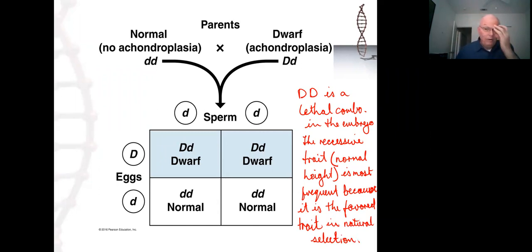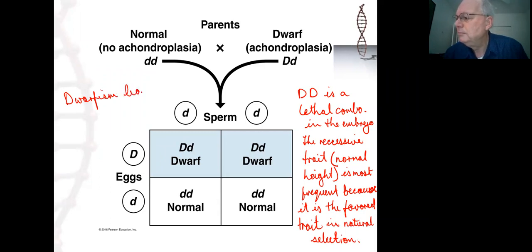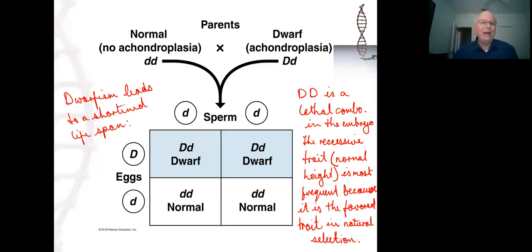So what do I mean by this? So this is the drawback for achondroplasic dwarfs. Yes, it's the dominant trait, and you would think that that would be the one that is most frequent, but being an achondroplasic dwarf means that you also have a very shortened lifespan, typically less than 50 years.